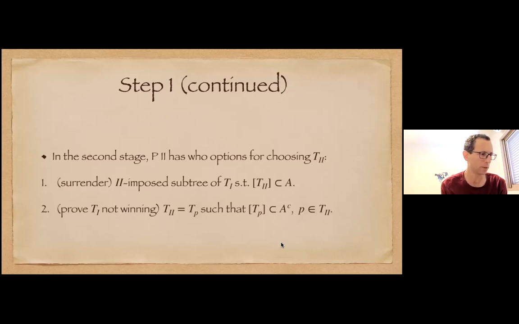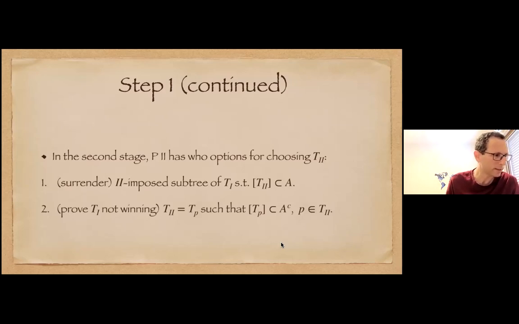It cannot be the case that player 2 cannot move, because if T1 was not a winning strategy or a winning imposed subtree, namely if there are some positions in T1 which are not winning for player 1, then it means that there is a play in T1 that ends up in the complement of A. And since the complement of A is an open set, there is a certain P, a prefix of the play, such that all the extensions of T_P are in the complement of A. Okay, because an open set is just a union of basic open sets, so it must belong to one of these basic sets.